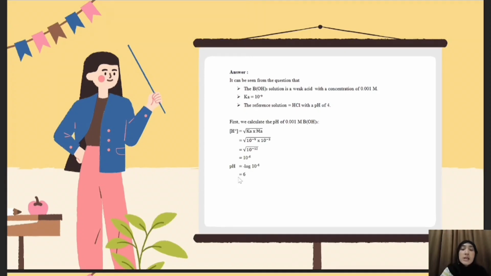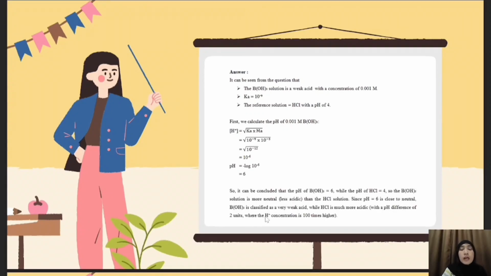So, pH is -log 10^-6, and the result is 6. So, it can be concluded that the pH of B(OH)3 is 6, while the pH of HCl is 4. So, the B(OH)3 solution is more neutral than the HCl solution, since a pH of 6 is close to neutral.